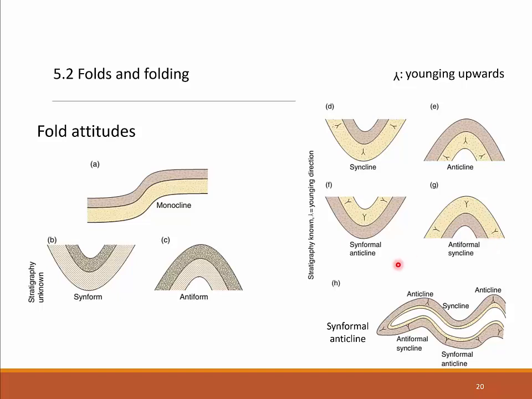How do we get to synformal anticlines and antiformal synclines? That is almost always related to polyphase folding, and we see how that works here in the diagram at the bottom. The first fold to form would have been this fold here.